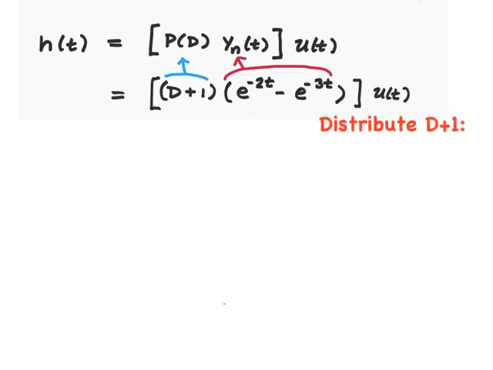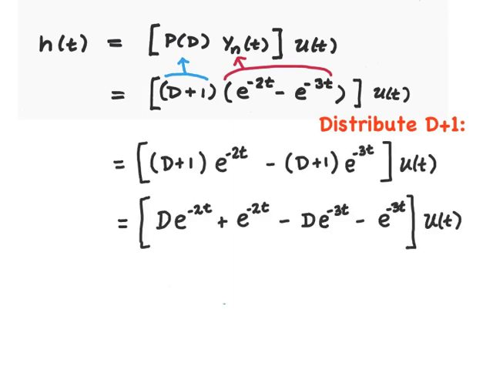Then the next step in computing h of t is to distribute the D plus 1 onto the e to the minus 2t minus e to the minus 3t. Carrying out this distribution, we find the expression on the last line on this page.